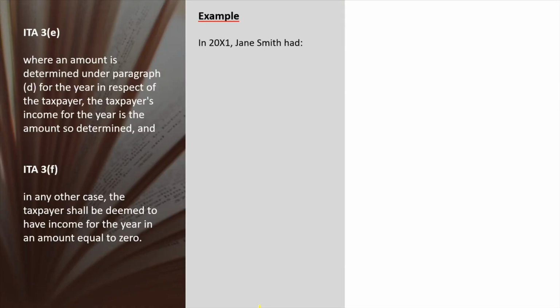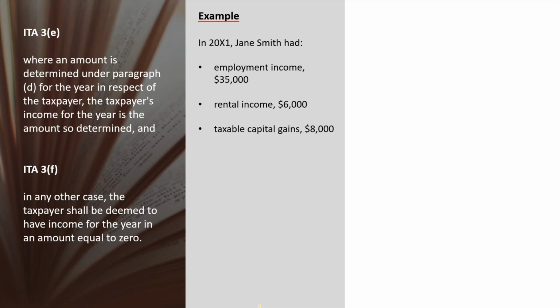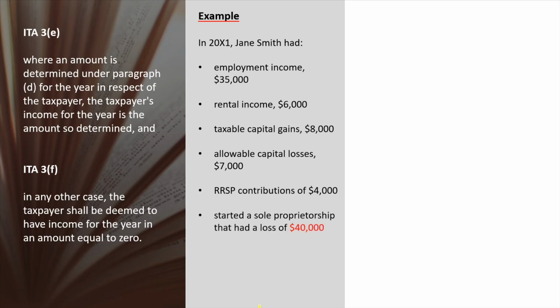In 20X1, Jane Smith had employment income of 35,000, rental income of 6,000, taxable capital gains of 8,000, allowable capital losses of 7,000, so that's been reset to 7,000, RRSP contributions of 4,000, and started a sole proprietorship that had a loss of 40,000.